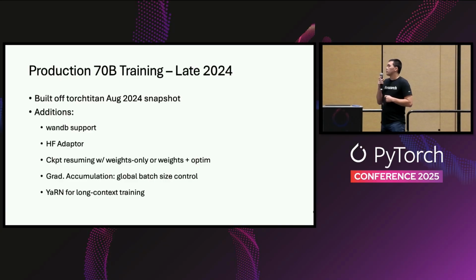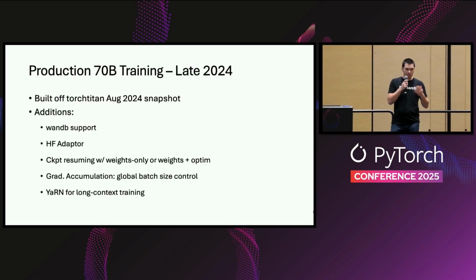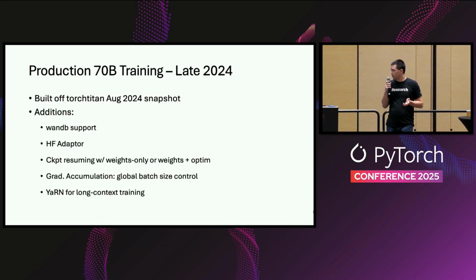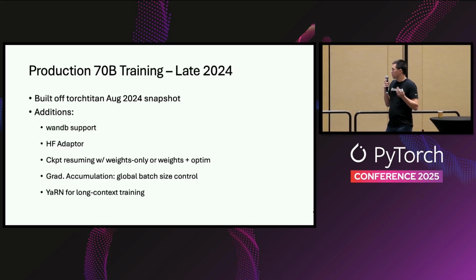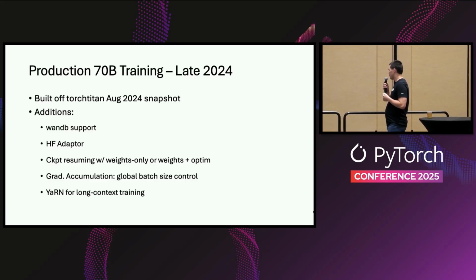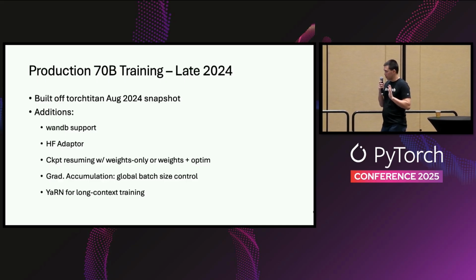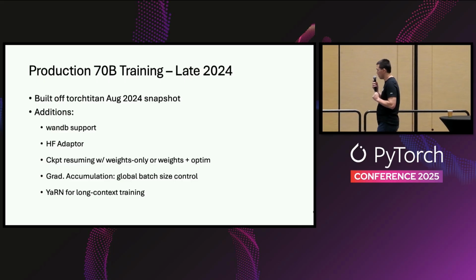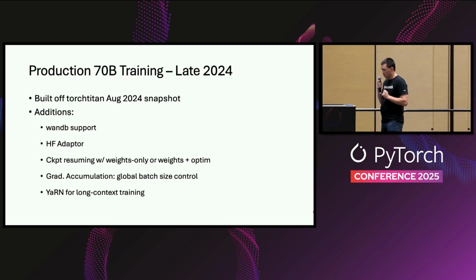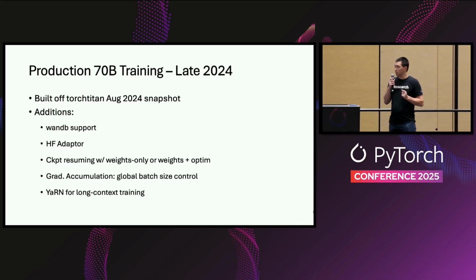Other things we needed were more flexible checkpoint resuming. So after a model failure, you want to load back the weights and the optimizer state. But for other use cases, you might just want to load the weights again. That was something important to us. And another feature was having more fine-grained control on the global batch size.